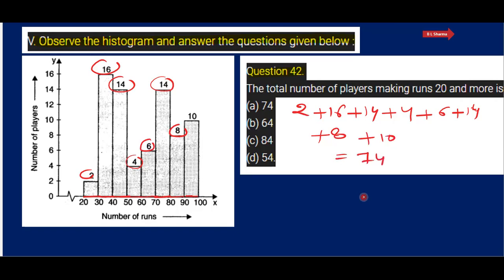Their sum is 74, so 74 players make 20 runs or more. So A is the correct option here.